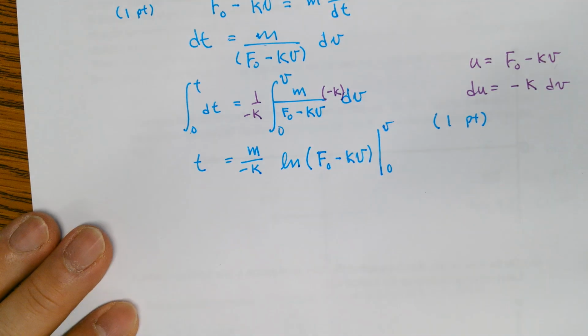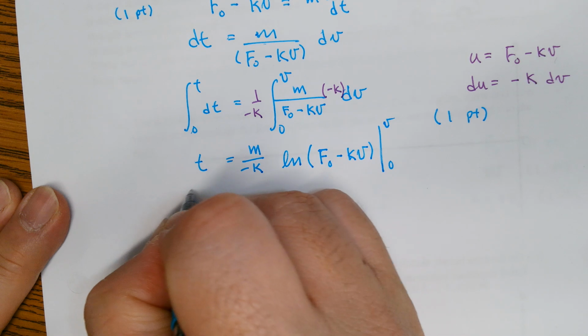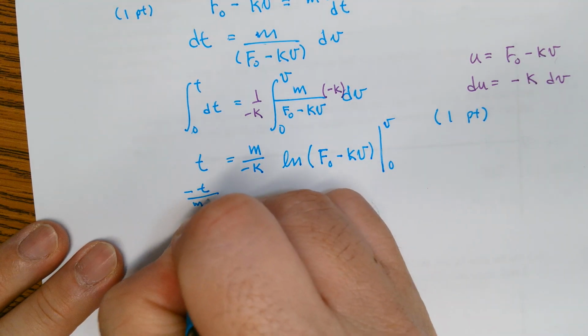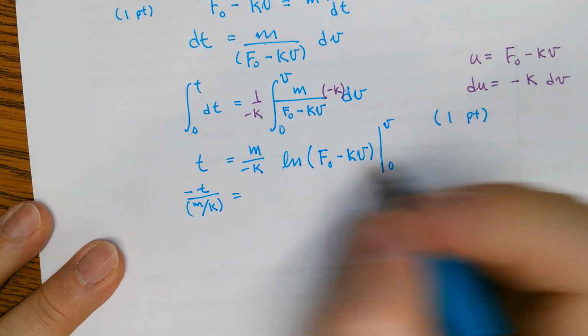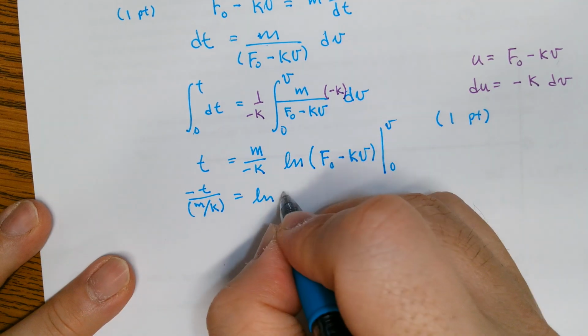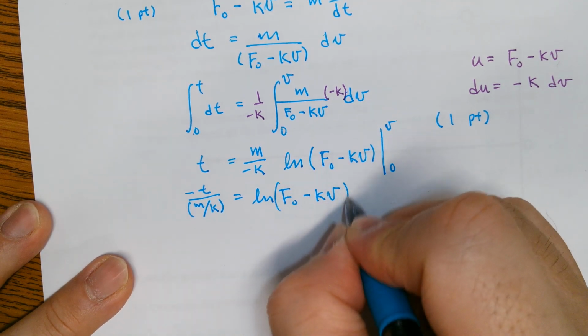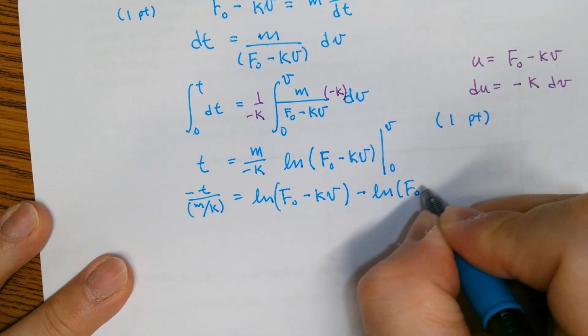So if I bring this to the other side, I get negative t over m over k is equal to ln of F naught minus kV minus ln of F naught.